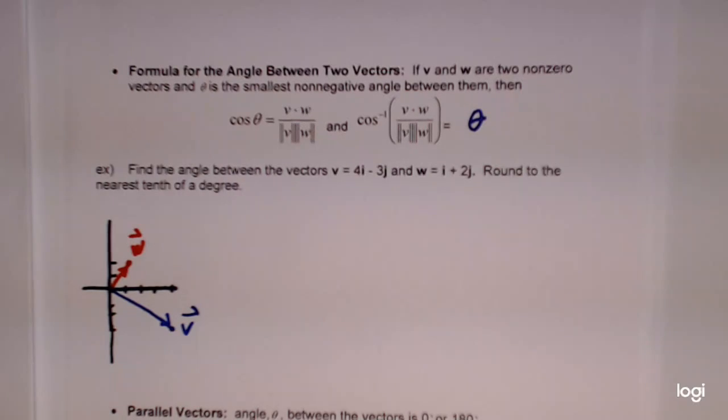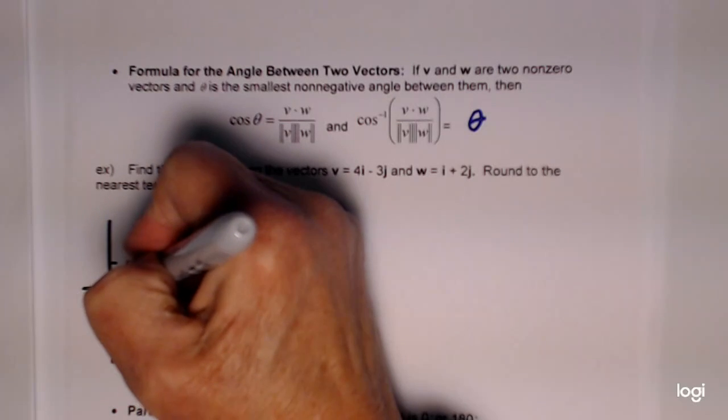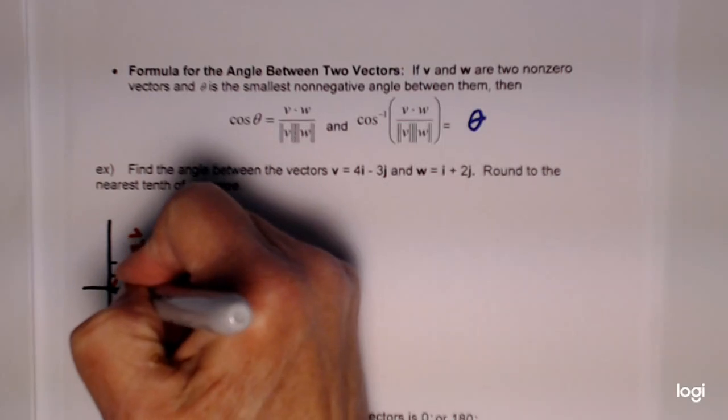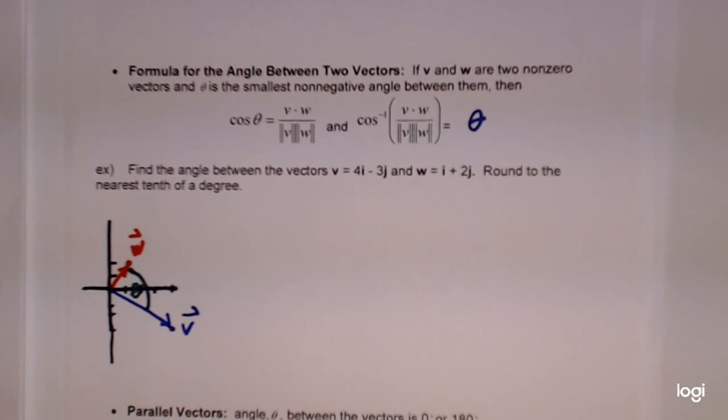And this theta that we want is the angle in between these, again, positive angle. So we're going to be going in the counterclockwise direction. So here is our theta. That's the angle that we want to find here. A picture can make more sense of what it is that we're looking to do here. Now we're going to calculate this.